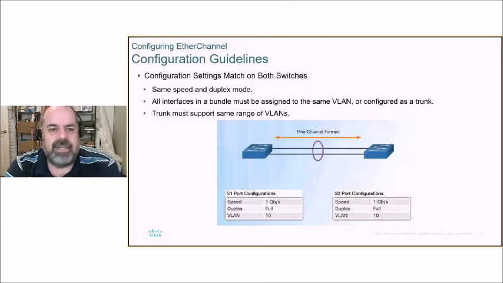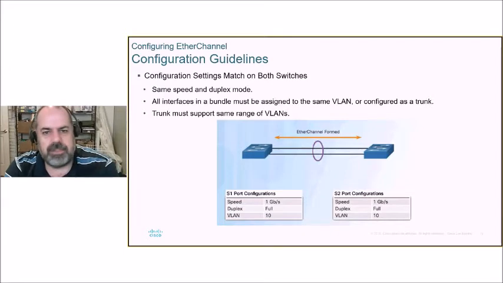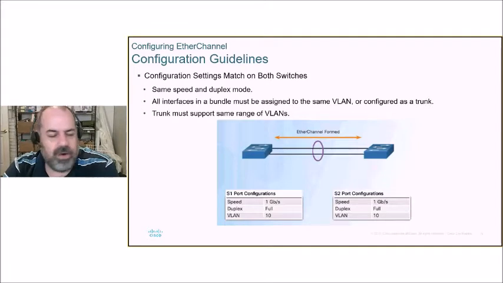Basically, configuration settings must match on both switches. They must have the same speed and duplex mode. All interfaces in a bundle must be assigned to the same VLAN or configured as a trunk. The trunks must support the same range of VLANs. So there's a whole pile of I's to dot and T's to cross before it will work.